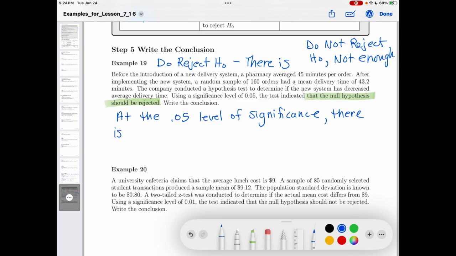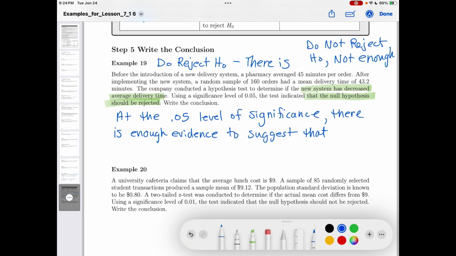So we would say there is enough evidence to suggest, and then we write what they were testing. If we look back at the wording in the question, they were testing if the new system had decreased the average delivery time.